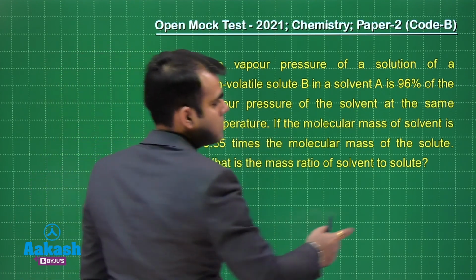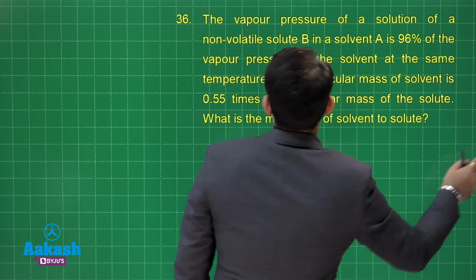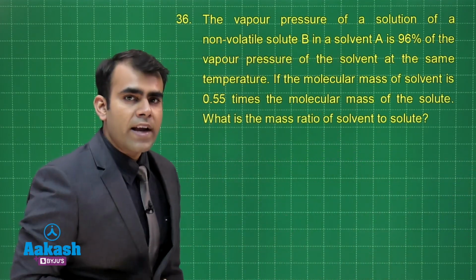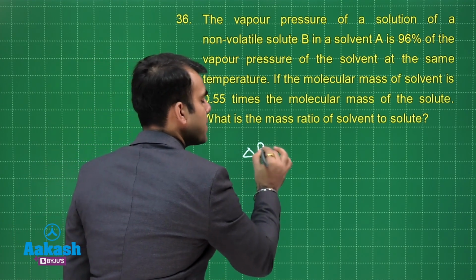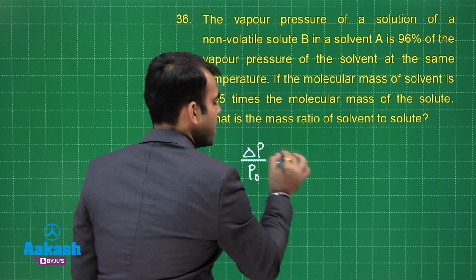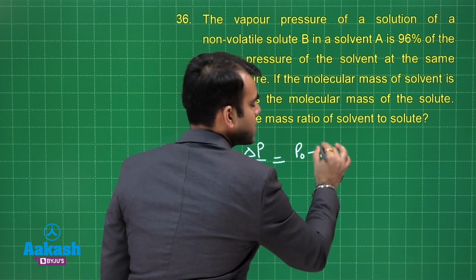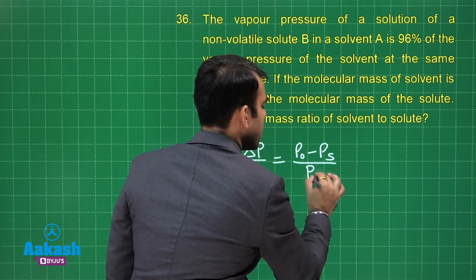Here we know that the lowering in vapor pressure, or the relative lowering in vapor pressure, is given by delta P by P naught, which is basically P naught minus Ps divided by P naught.